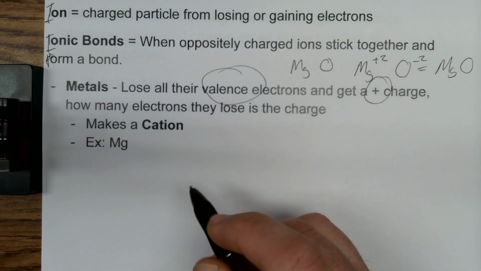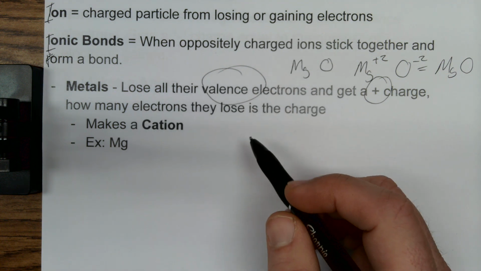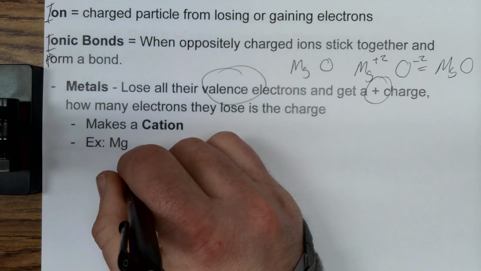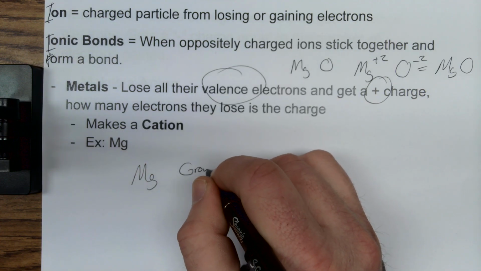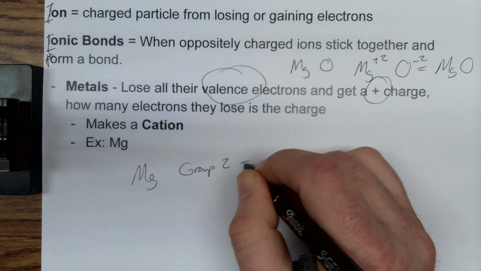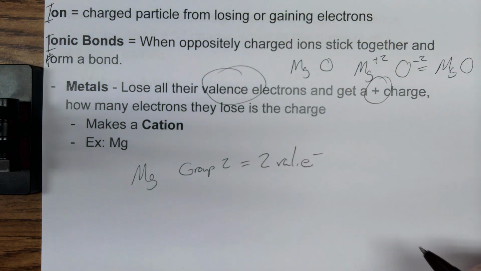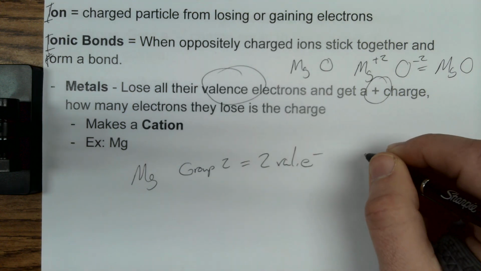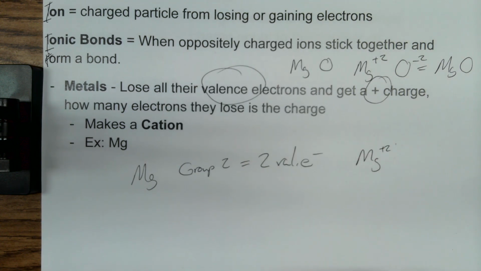That positive charge is based on how many electrons it'll lose. So magnesium is in group 2, meaning it has 2 valence electrons, right? So it's going to lose those 2 electrons to get that Mg+2.